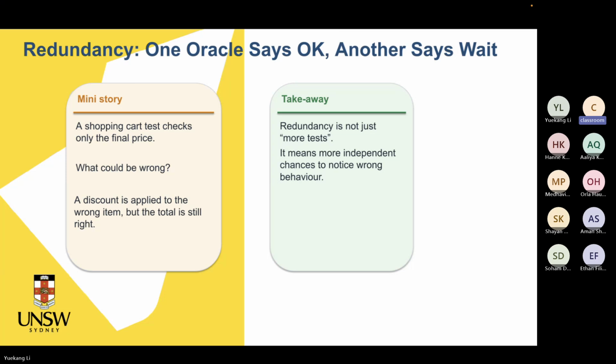Redundancy doesn't mean we repeat the test, like testing the final price against the total and then writing another test that tests the same thing. It's not as simple as writing more duplicate tests. It's more about how we design orthogonal tests that can complement each other. So this is redundancy.